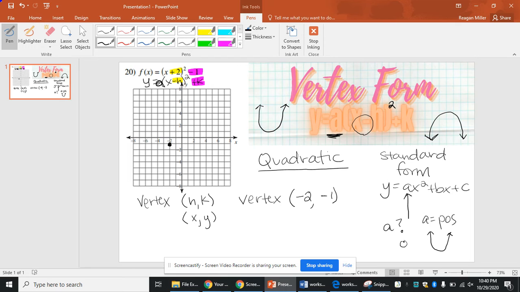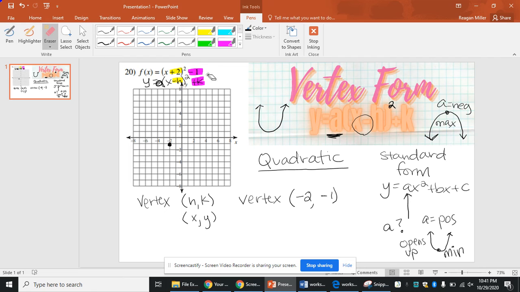Okay, so it opens up and it will have a minimum. And the opposite's true. If A is negative, we'll have a maximum, and it would open down.